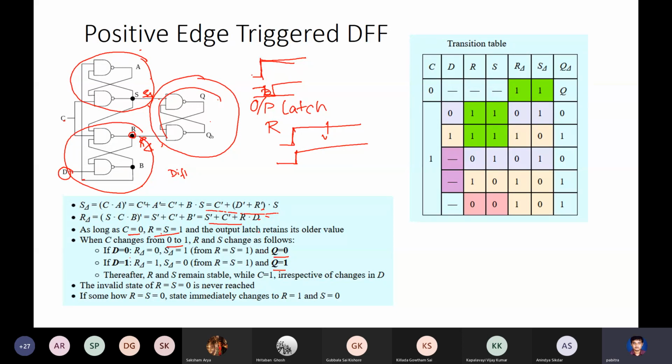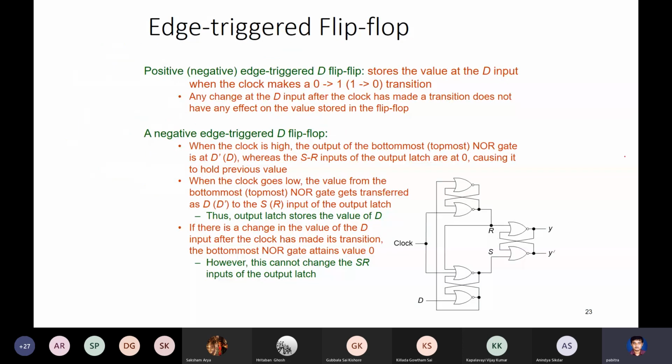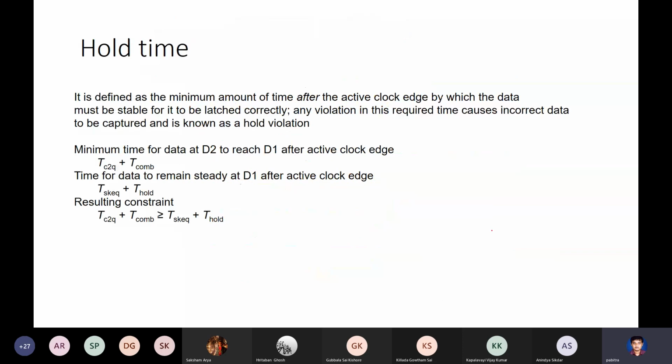If it ever becomes that, it immediately changes to R1, S0. Again, this is the transition table that you can see. You should follow these steps and see what happens; you'll of course get the same transition table. You can similarly have a negative edge triggered D flip-flop.